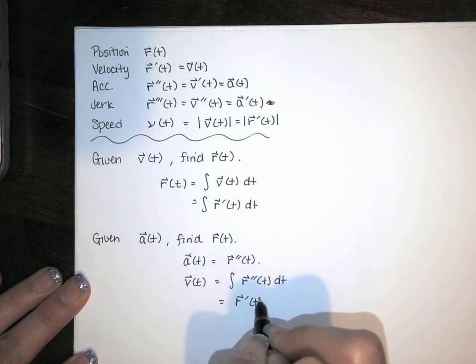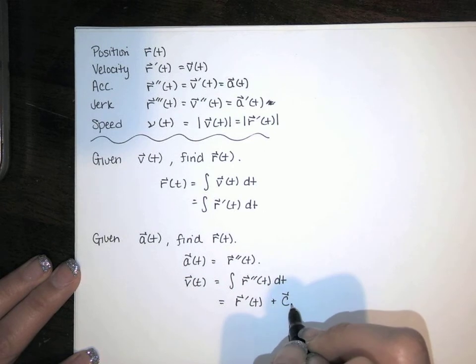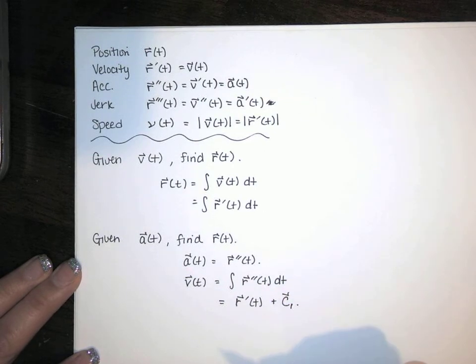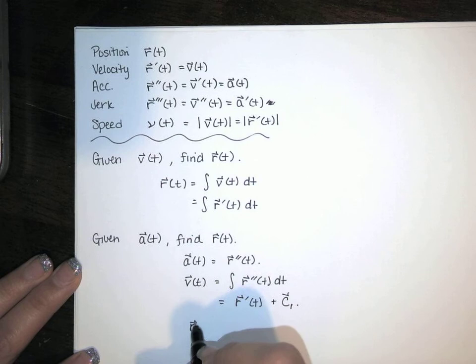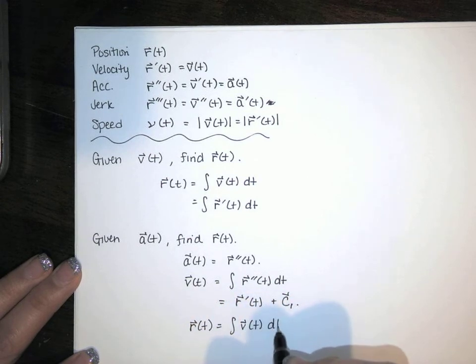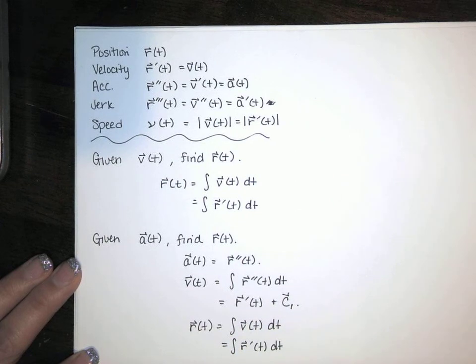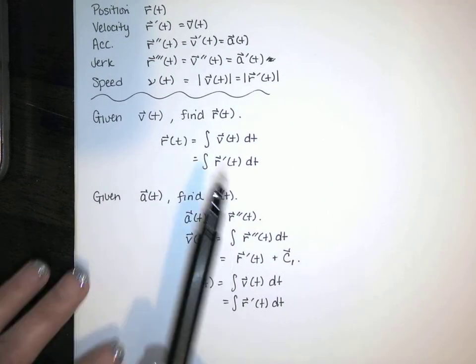It's going to be r prime plus some constant of integration. I'm going to call it C1. And it's a vector C1. It's going to have components, as many components as r has. You say, okay, well, if we've got velocity, how do you find position? Well, position is the antiderivative of velocity. This velocity is this. And that's also going to have arbitrary constants in it.